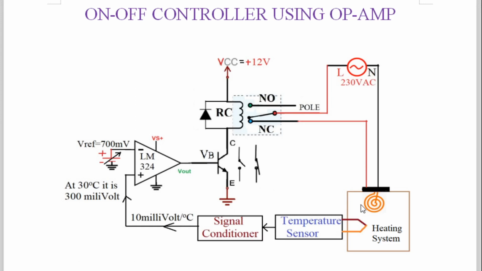And in this process, on and off action will be done for applying the AC mains voltage of 230 volt to the heater coil, and in this way the temperature is maintained approximately between 71 degrees centigrade and 69 degrees centigrade, and therefore here it works as an on off controller.